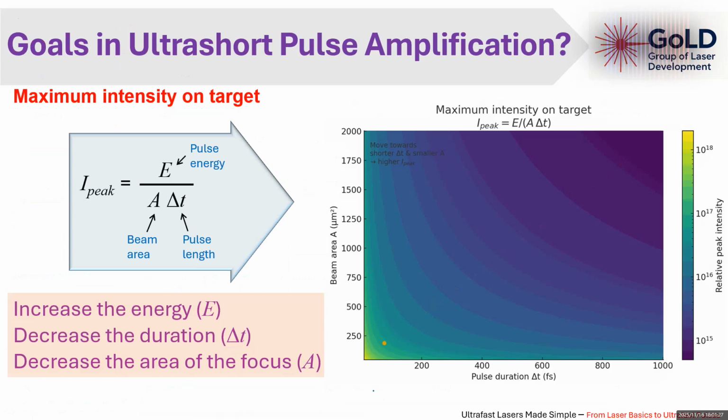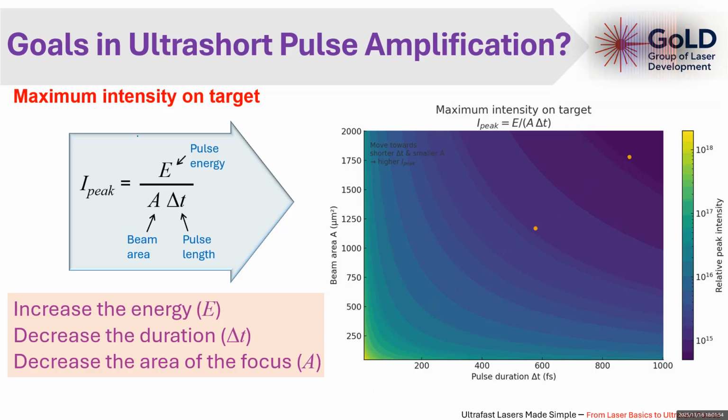Now our goal actually is to amplify, because in case of just an oscillator, the energy, or you can say the peak power as well, or the intensity, will be very low. In some applications you can use it, but not most of the applications. So you need to amplify it. This is the ultimate goal.